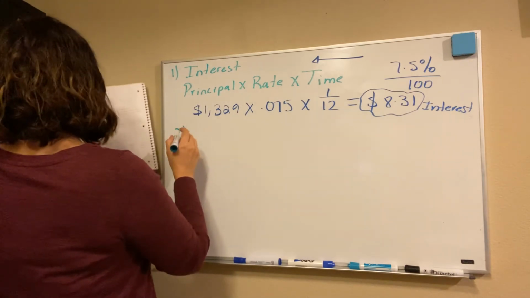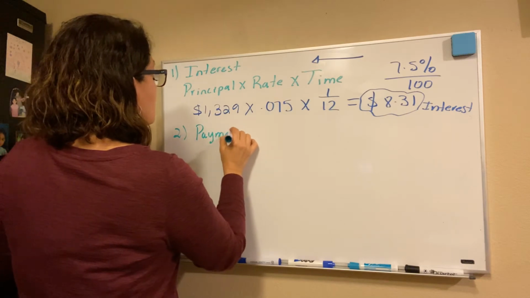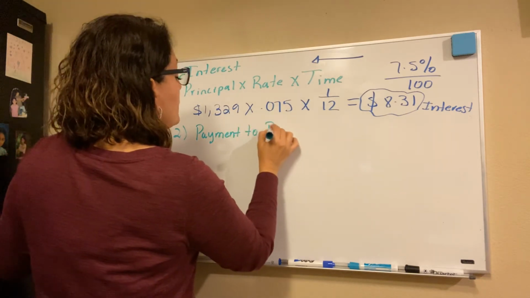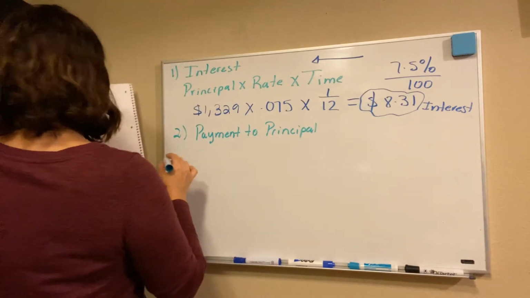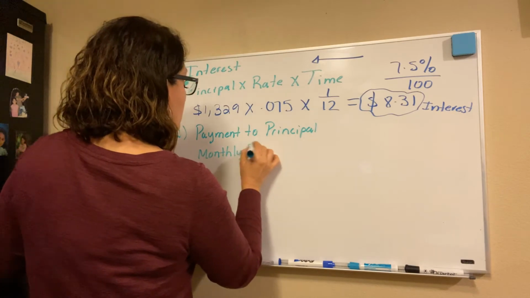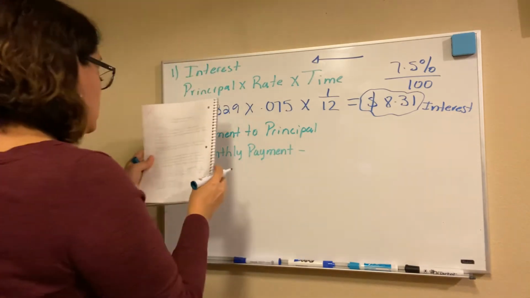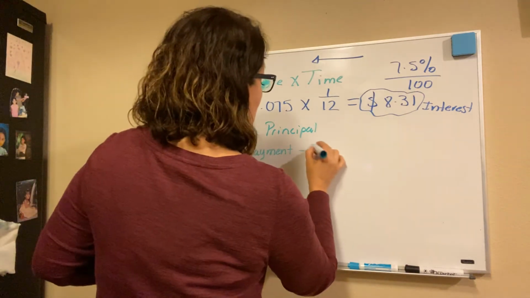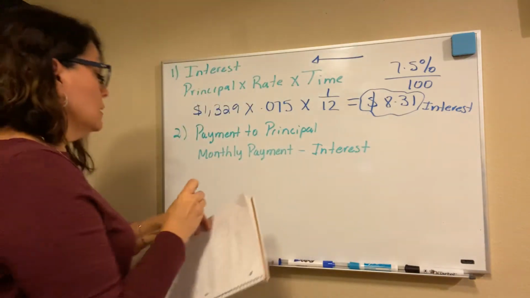Number 2 is payment to principal. What is the formula? Monthly payment minus the interest payment, or just the interest.